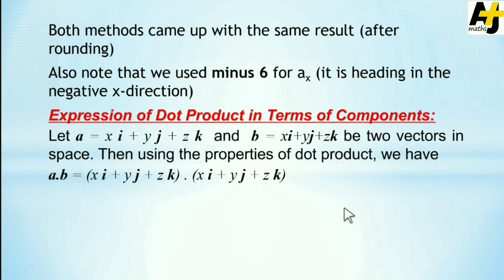Now multiply these separately. We will get x1 times x2, then i dot i; x1 times y2, then i dot j; x1 times z2, then i dot k.